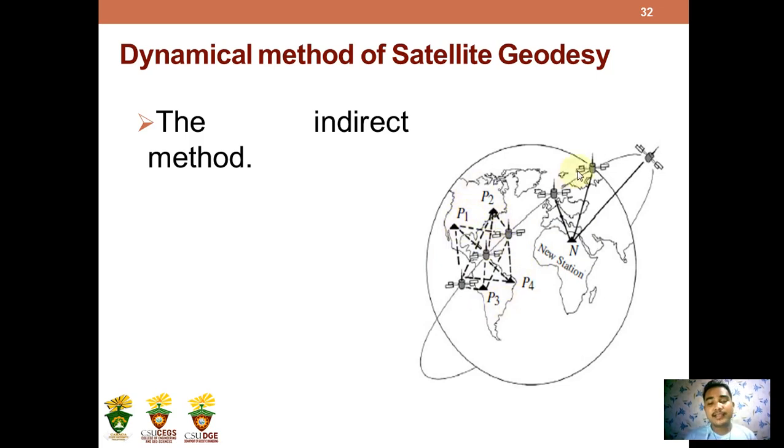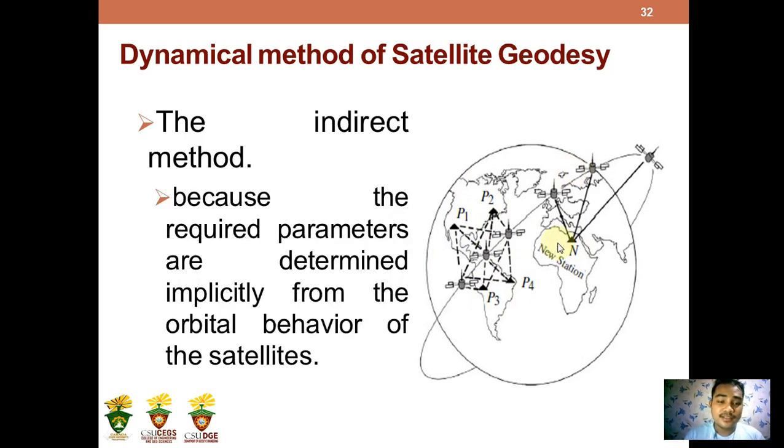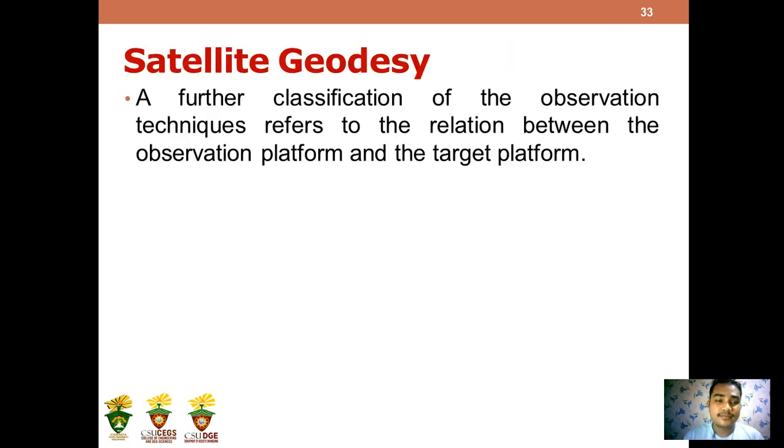We just transmit the information, then give it to the new station. The required parameters are determined implicitly from the orbital behavior of these satellites. A further classification of the observation techniques refers to the relation between the observation platform and the target platform. That is the whole concept of satellite geodesy.